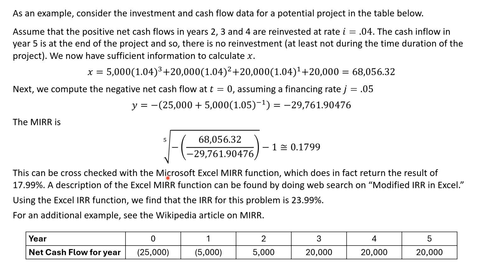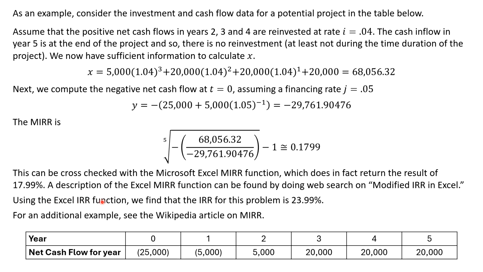And you can double-check this with the Microsoft Excel MIRR function, and that gives you this result. If you want the syntax for that, you can just do a web search on modified IRR in Excel, and at least for me, the Microsoft page came up first.